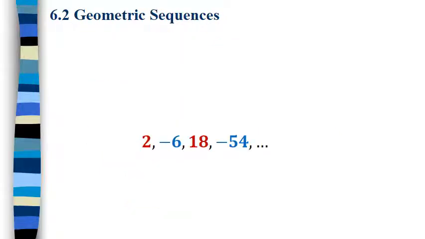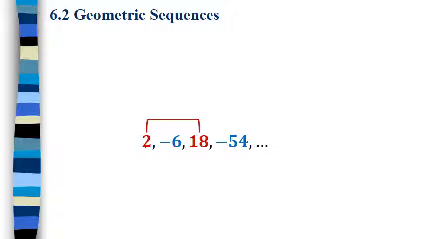Let's explore the relationship between the terms in the geometric sequence a little bit further. We notice that immediately 2 and negative 6 have a ratio of negative 3. So we know the common ratio here is negative 3. But there's a little bit more to the relationship between some of these terms.